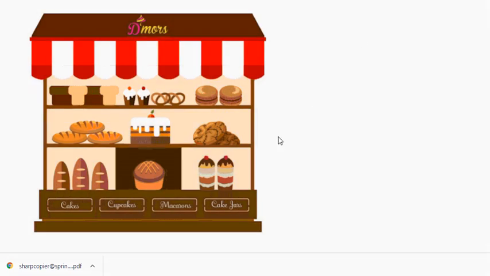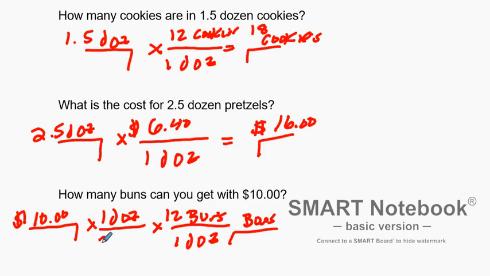So once I visit the bakery, I now know the cost. So then I'll put the $3.75 here. Notice how I have dollars here. Dollars must be on the bottom here. I've got buns on top here, therefore I must have buns on top there. So I'm going to take 10 divided by 3.75 and multiply that by 12. And the answer comes out to be 32 buns.